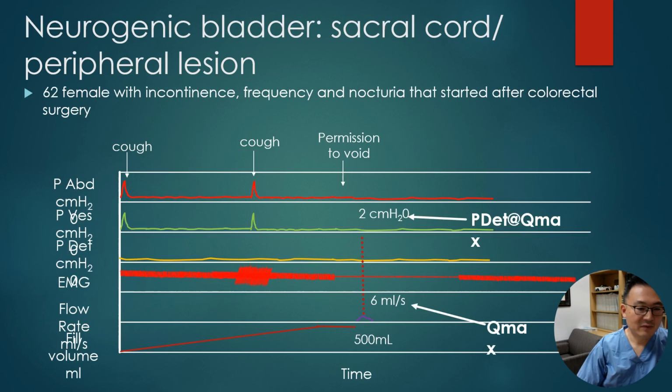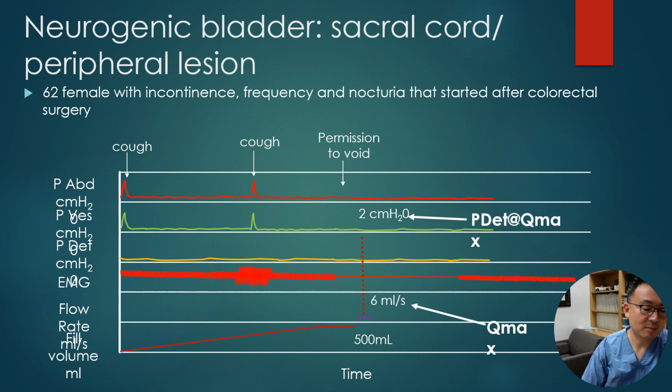Here we have an example of our urodynamics. Again, I look for the filling phase and voiding phase. This is a 62-year-old female with incontinence, frequency, and nocturia that started after colorectal surgery. What we see here is that when the patient tries to urinate, in the detrusor, which is the yellow line, they make almost no detrusor pressure during voiding.